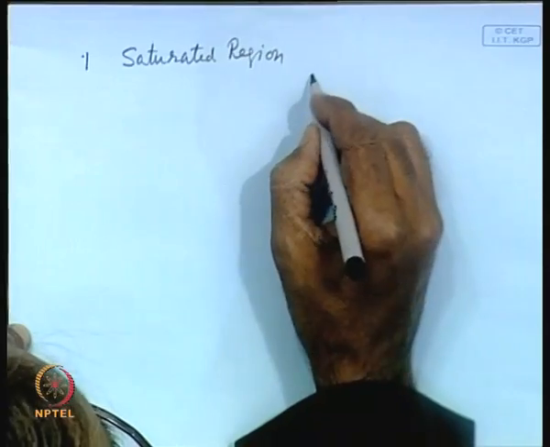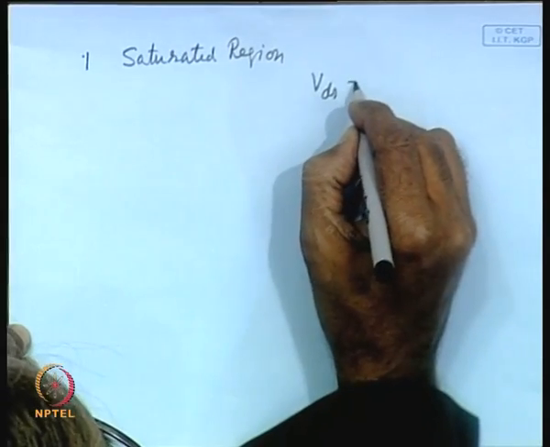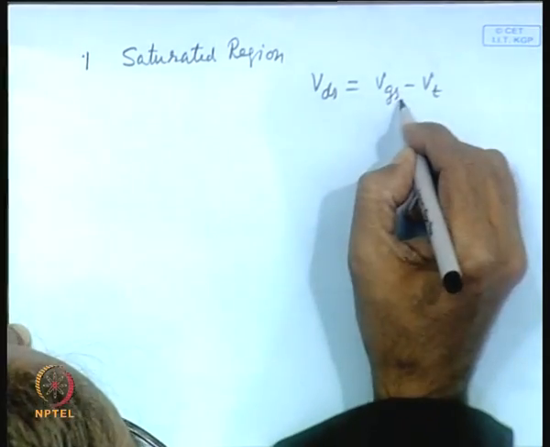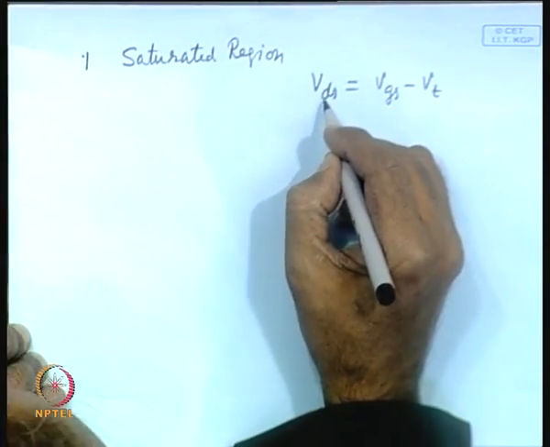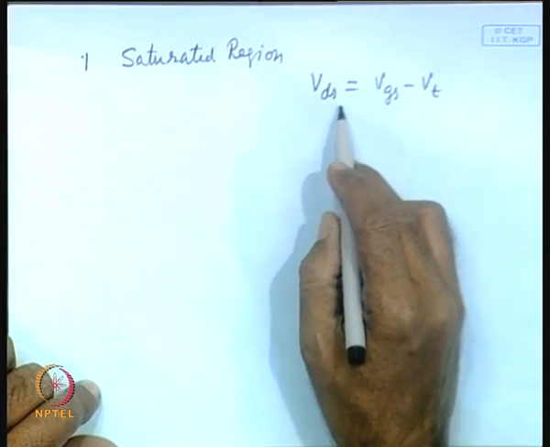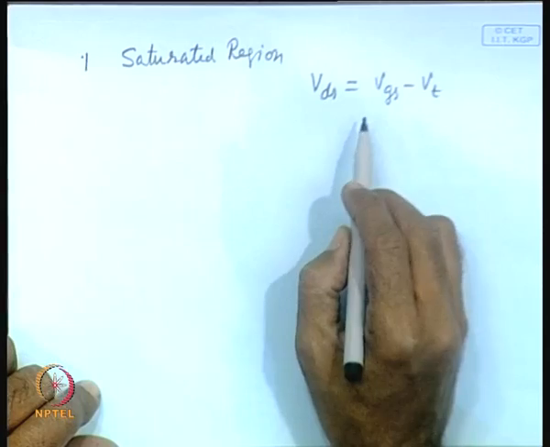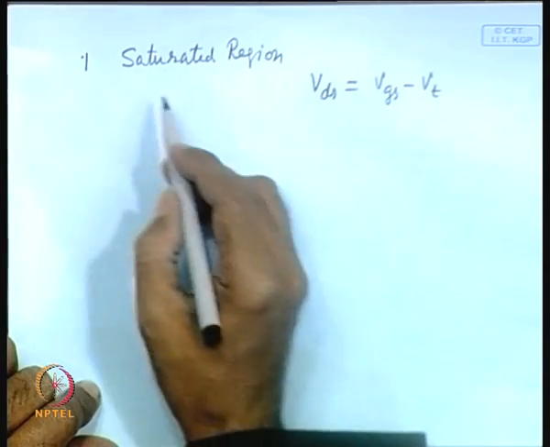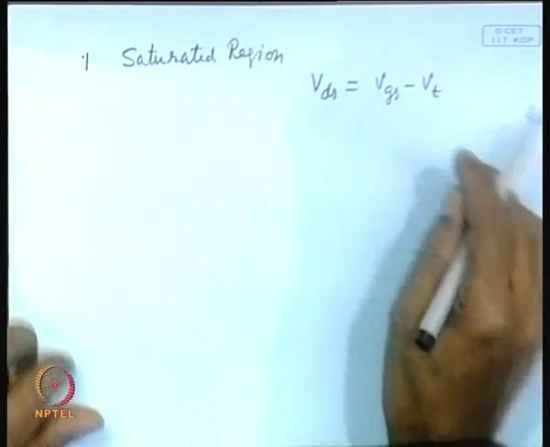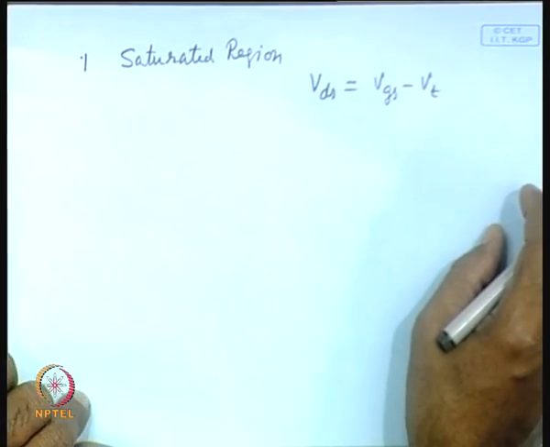That means V D S is equal to V G S minus V T. This is the effective gate voltage which is equal to the drain voltage, and beyond this point, the drain current is independent of V D S. This is the point from where we can say that the saturated region has started. Below that it is the linear or non-saturated region.